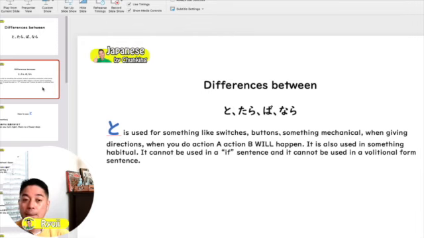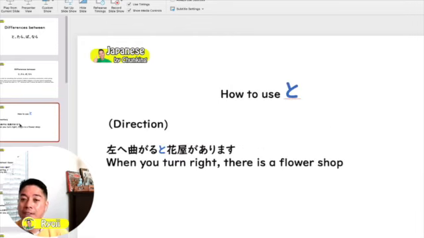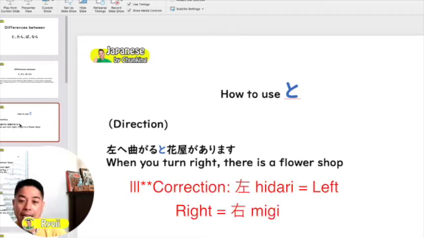では、例文を見てみましょう。How to use と。So this is, we are talking about direction. 左へ曲がると花屋があります。When you turn right, there's a flower shop.